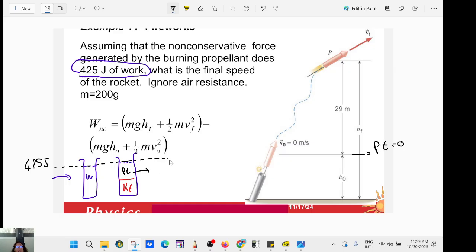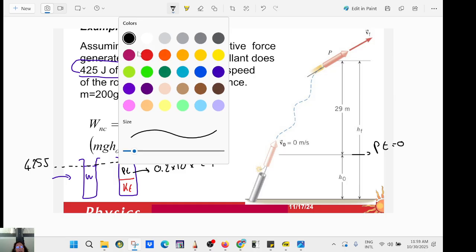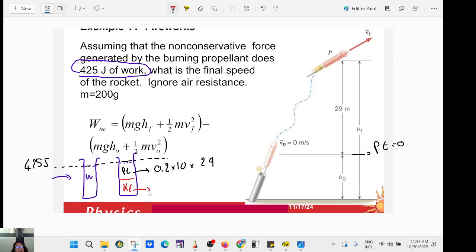Some of it will be potential, so 0.2, the mass, times 10 times the height. And some of it will be kinetic, 0.5 times 0.2 times the speed squared. When you add them up, it has to be equal to 425.